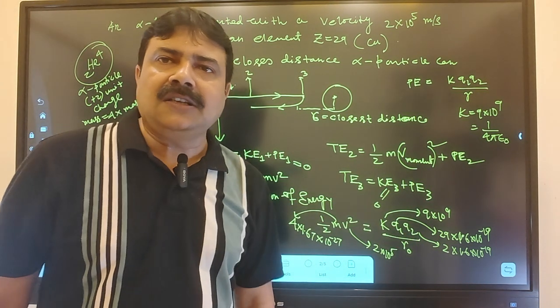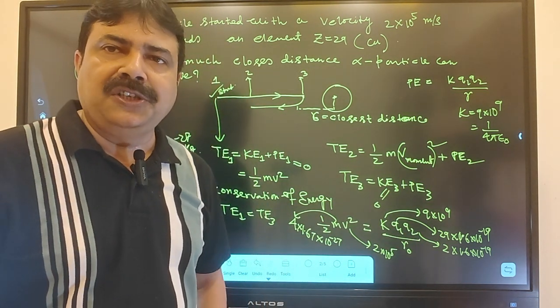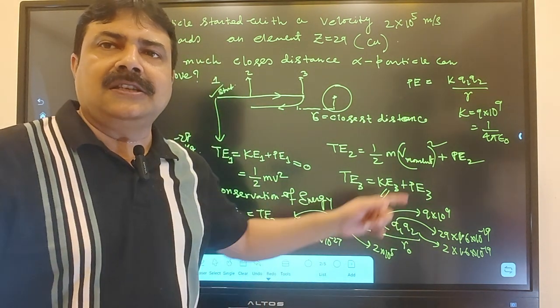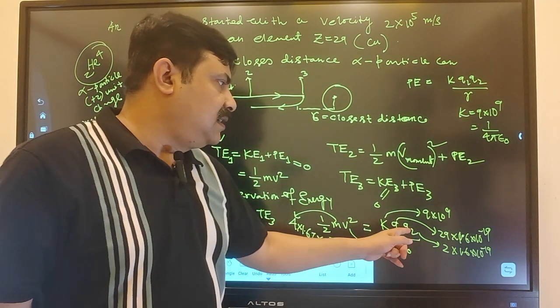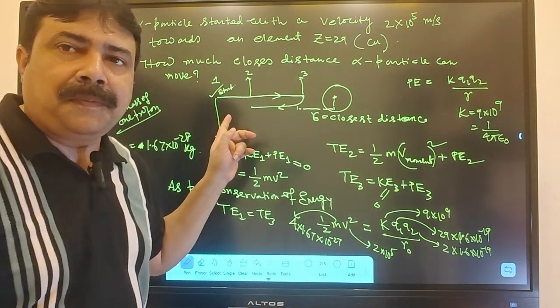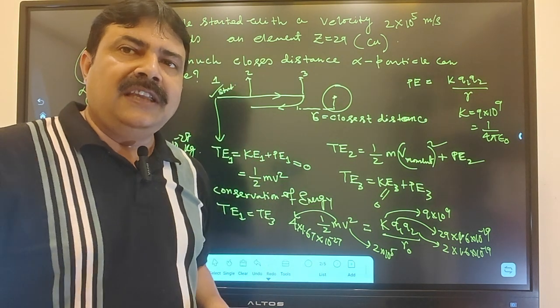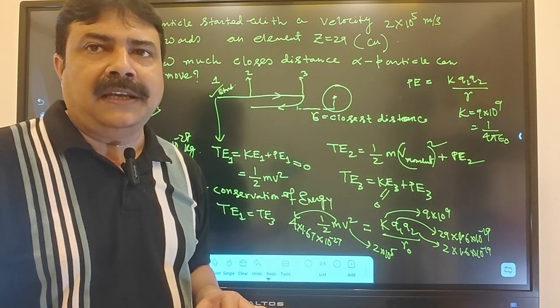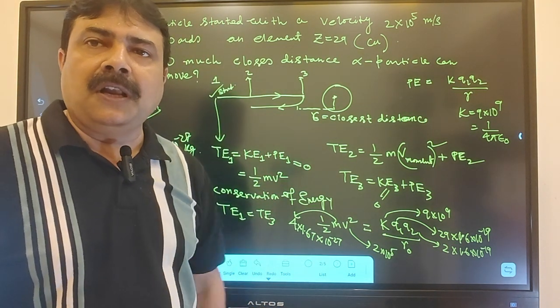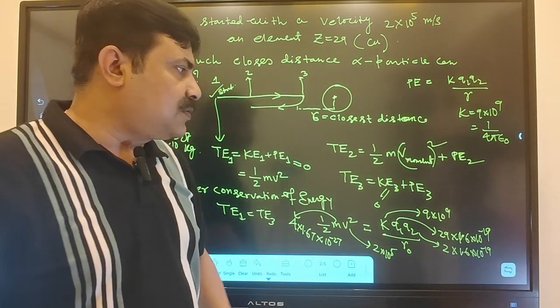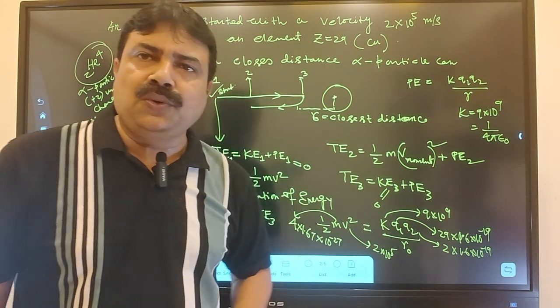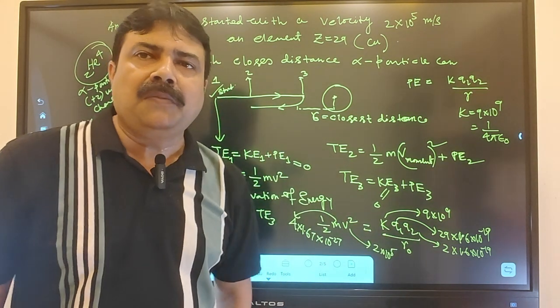Q1 is the charge of the nucleus of copper, which is 29 into the charge of 1 proton. Then Q2 is the charge of the alpha particle, which is plus 2. Charge of 1 proton is 1.6 into 10 power of minus 19 coulomb. Proton is a symbol of 1 plus charge, so here 2 protons means 2 into 1.6 into 10 power of minus 19.